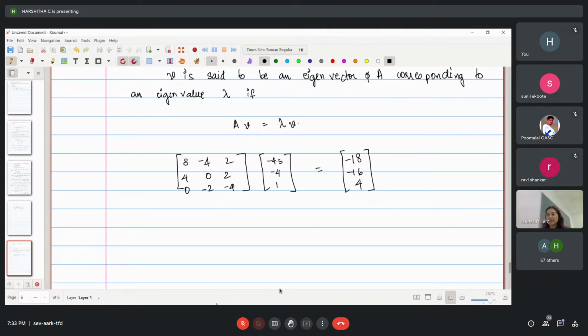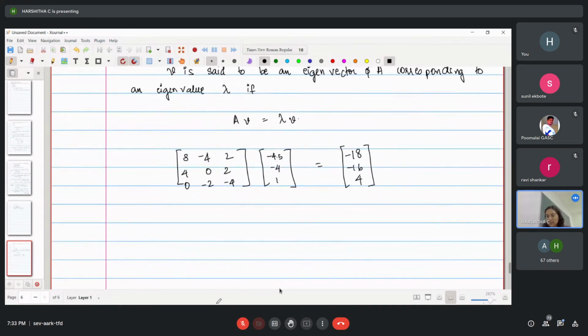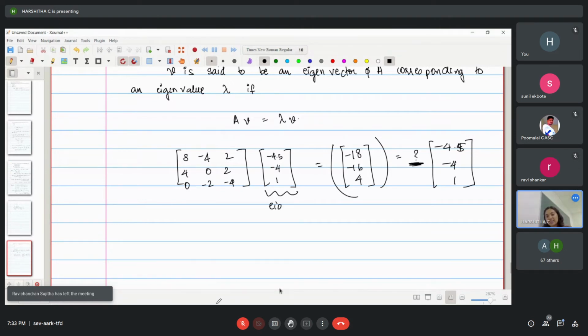But even before you compute the whole thing, once you know that this is an eigenvector, what do you know? The new vector that you obtain should be some multiple of this original vector, right? If you are already told that this is an eigenvector, you don't even have to compute all three values to get the eigenvalue.